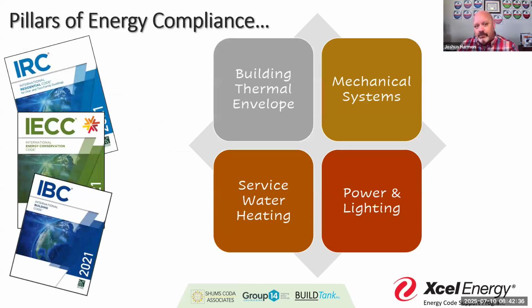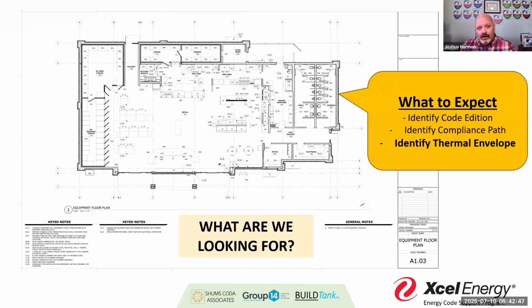If they're telling me it's prescriptive, I'm going to apply those same expectations to the 4 pillars of my energy code. I'm going to look for some type of documentation of the building thermal envelope. A lot of times, this may be a simple note that says this is the insulation requirements for the entire building, and then every time you see insulation on a detail, it says see page T3, see page G4, whatever it might be, or they will have actually put those in the specific details.